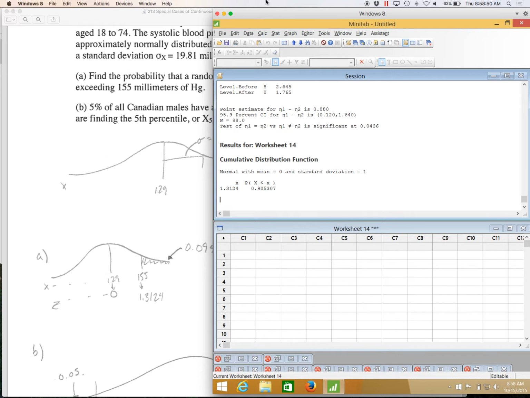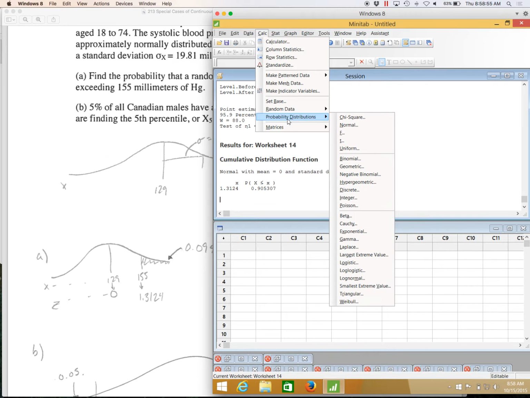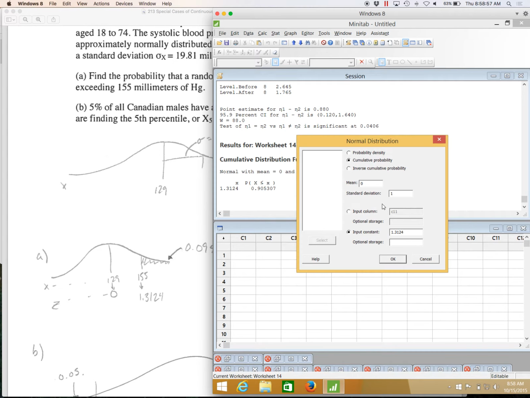I want to show you another trick if you're ready for it. The other thing I could do is go to Probability Distributions, Normal. I know that Minitab only gives me the cumulative. So if I play games with the fact that the bell shape is symmetric, then here I've got 1.3, but on the mirror image, I'd have negative 1.3.